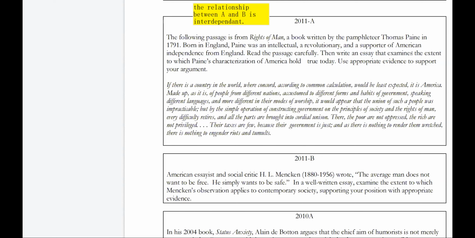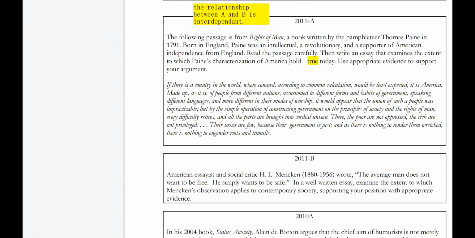again, examine the extent to which, how much, right? To what extent, how true or how not true. Paine's characterization of America, this is the subject. Hold true, we already have this key term right here, hold true today. So our job is either to say, oh yeah, Paine's characterization of America is still true today.